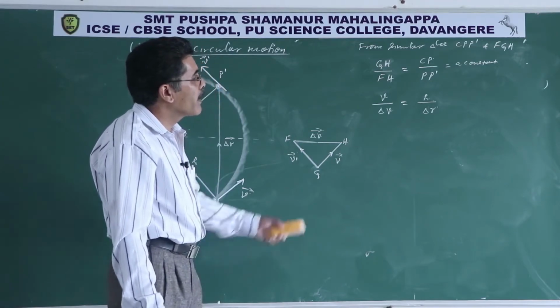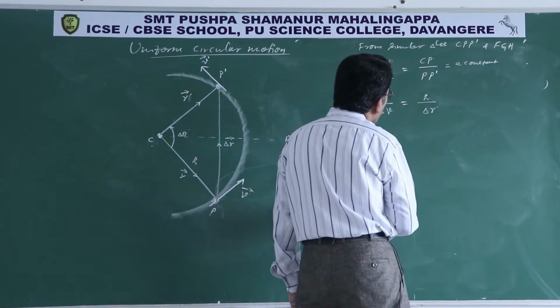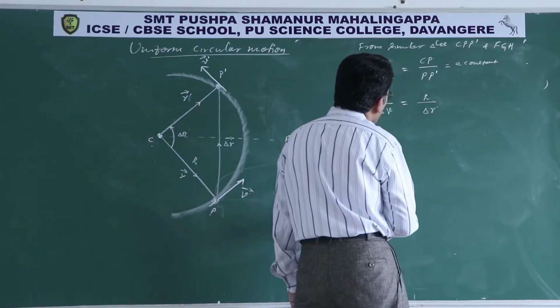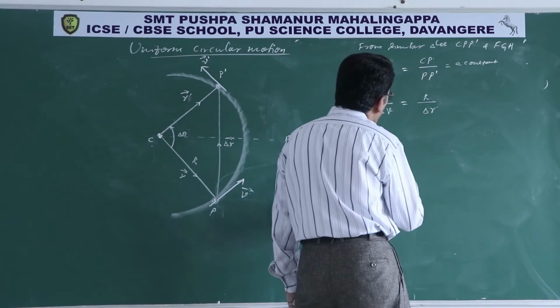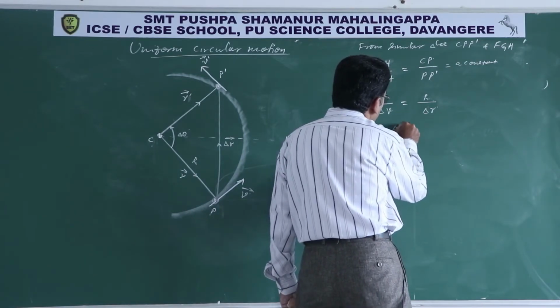Now you just make a rearrangement. v by r, or you can take this as delta v.